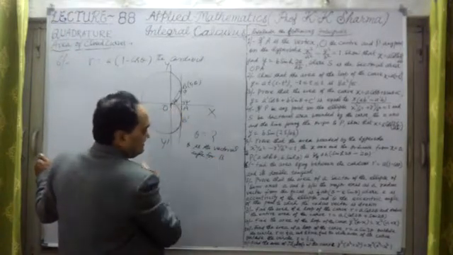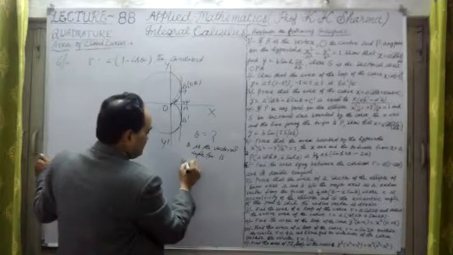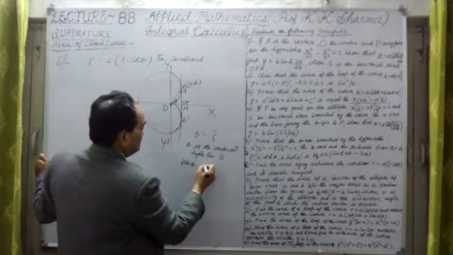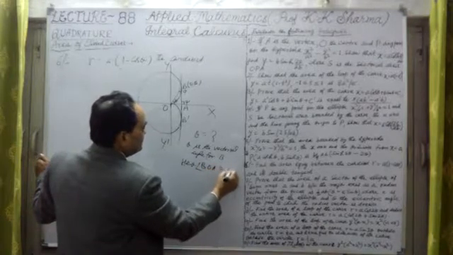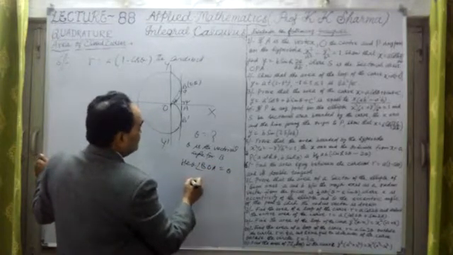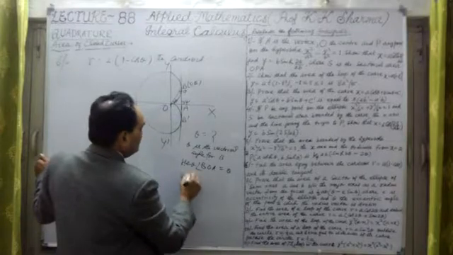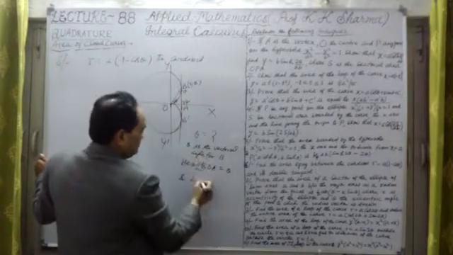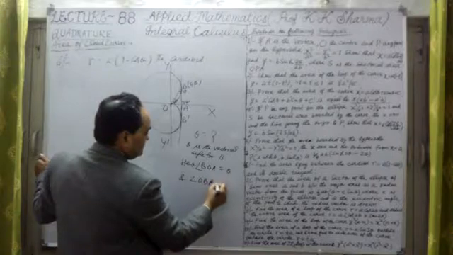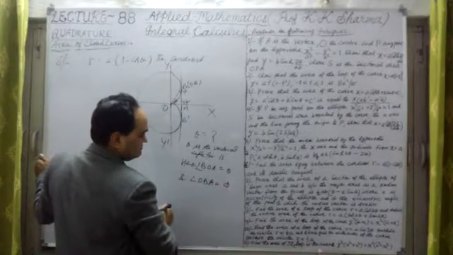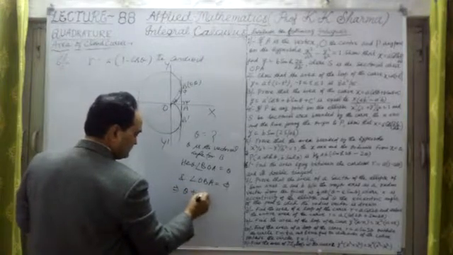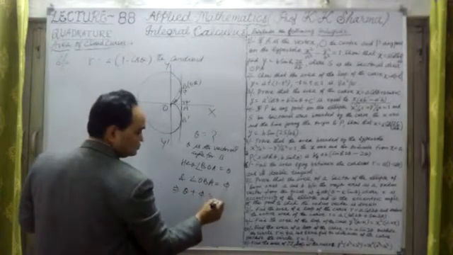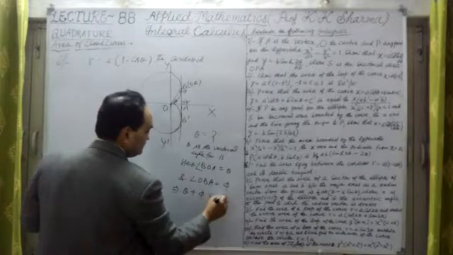Theta is this angle. Here I have taken angle BOA equal to theta, and angle OBA I have taken as phi. So this implies that angle theta plus phi is equal to pi by 2, which is equal to psi here.